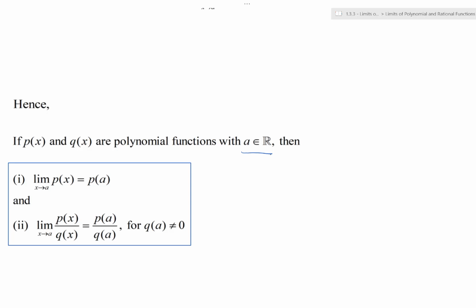And in part II, the limit as x goes to a of the ratio of two polynomials, hence a rational function, is just the ratio of the outputs p of a over q of a for q of a non-zero. So for some limits like these, if we identify that we have a polynomial or a rational function, just plug in the value that x is approaching into the function, nothing else to do. Just be aware that the denominator for the second part should be non-zero at that location.